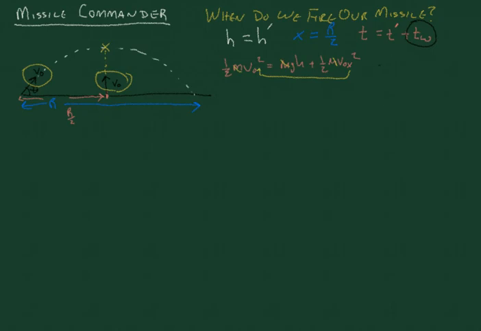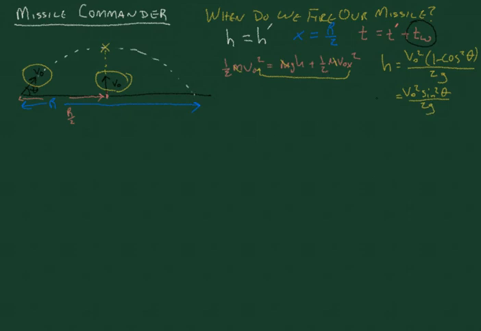And we divide by g, so we say that h is going to be v0 squared (1 minus cos squared theta) all over 2g. Well, 1 minus cosine squared theta is just sine squared theta. So in other words, h is v0 squared sine squared theta over 2g.